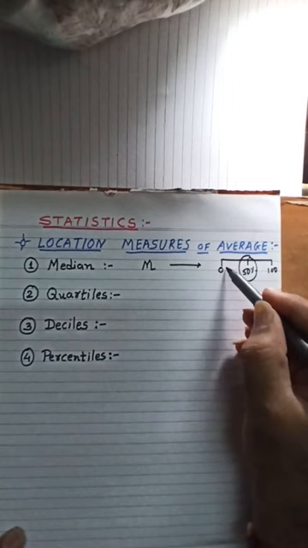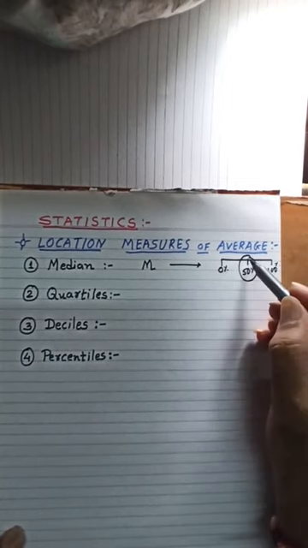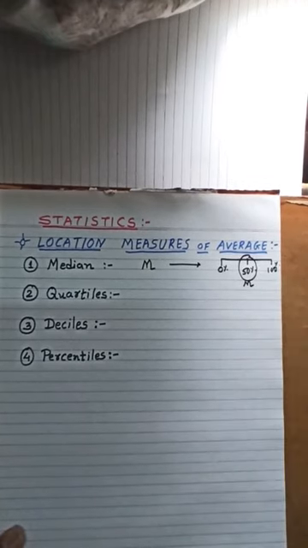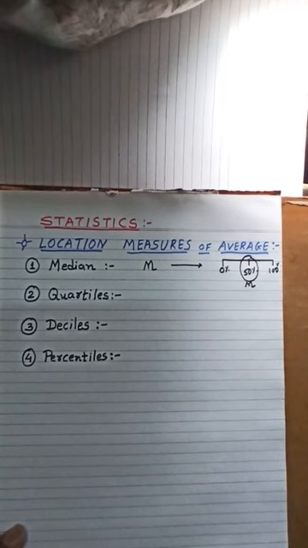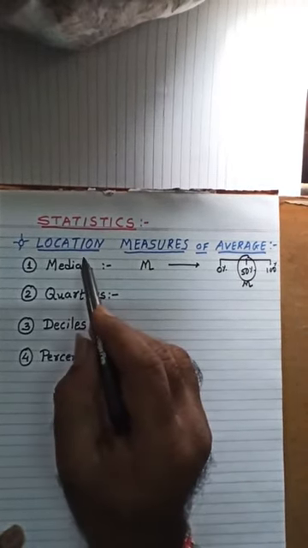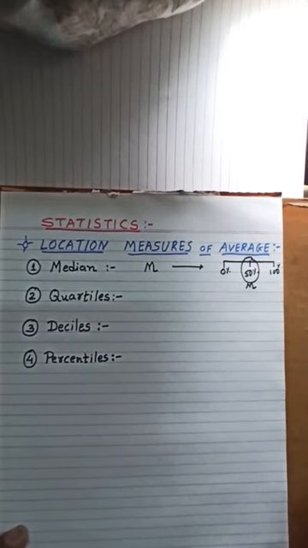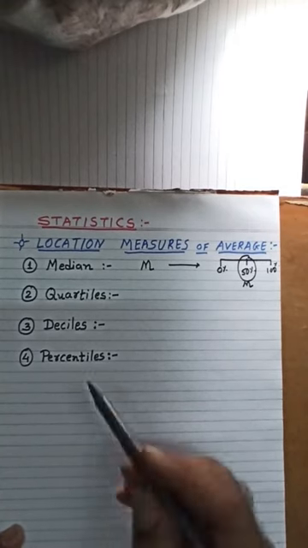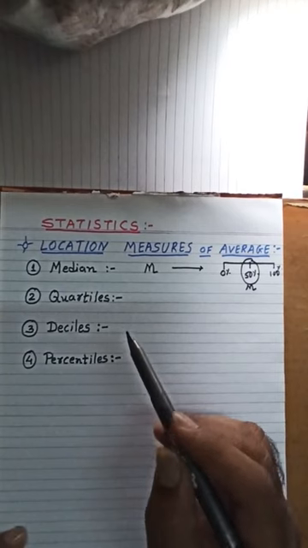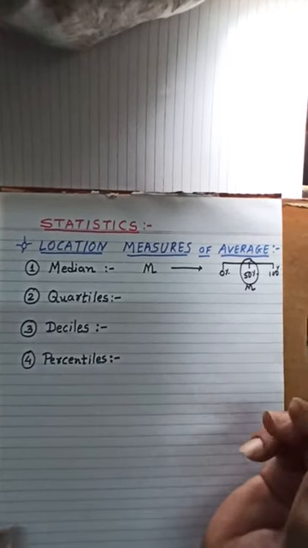That's why if we start from 0%, we will end at 100%, and exactly in the middle of the data median will be there. You have already learned about median in standard 10th. In standard 11th, quartiles will be added, then deciles and percentiles.